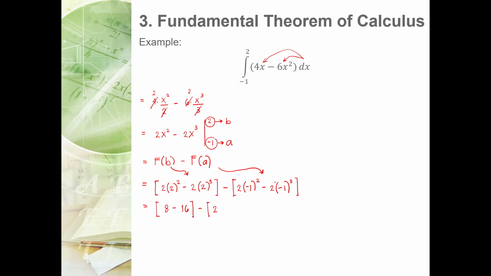And then minus 2 times -1 cubed. -1 cubed is -1, then times -2, so this will be +2. So you have -8 and then -4. So the final answer is -12. That is the answer to your definite integral.